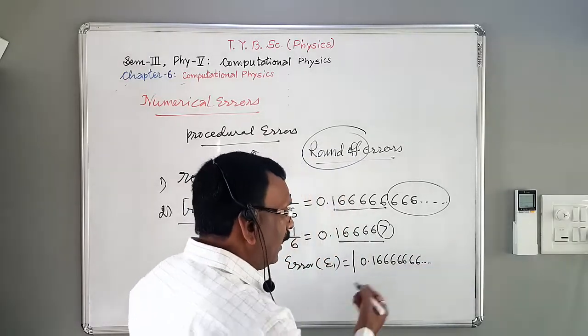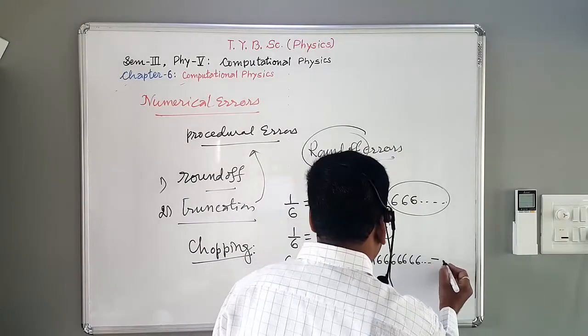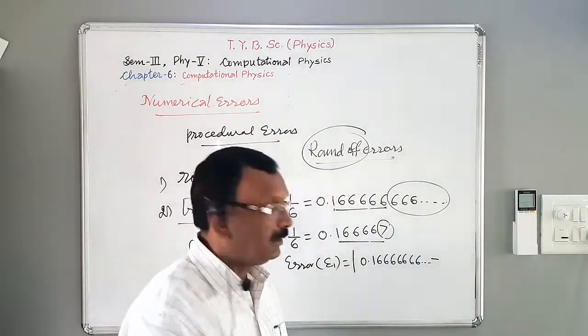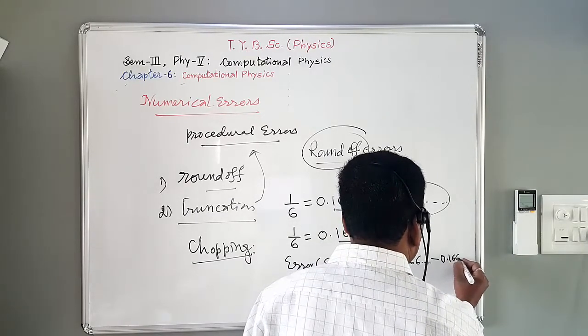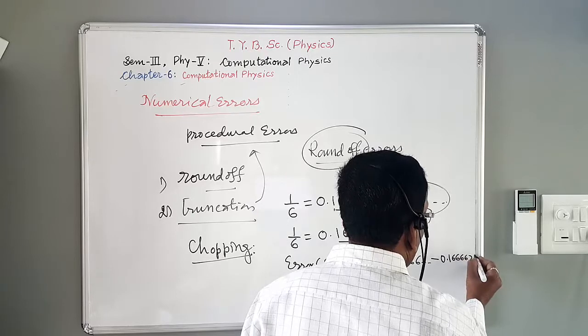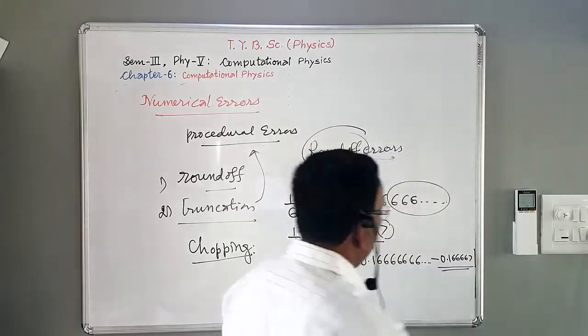This is the actual value and this is the approximate value, or we can say it like this, 0.166667. This is the round off.